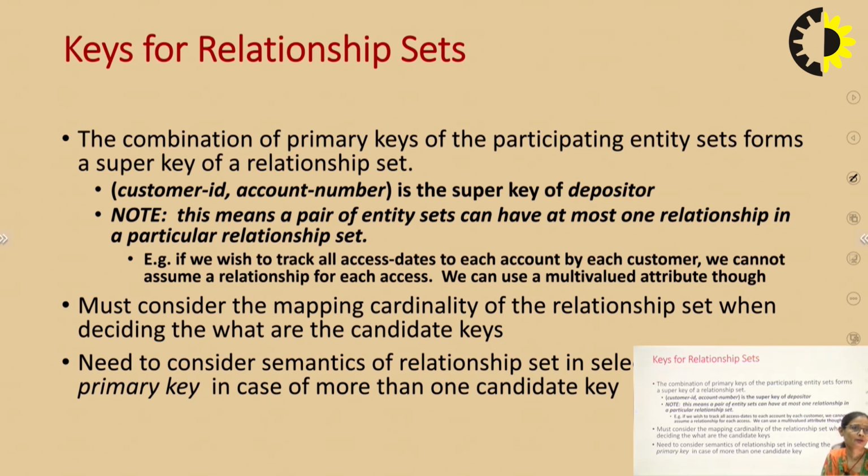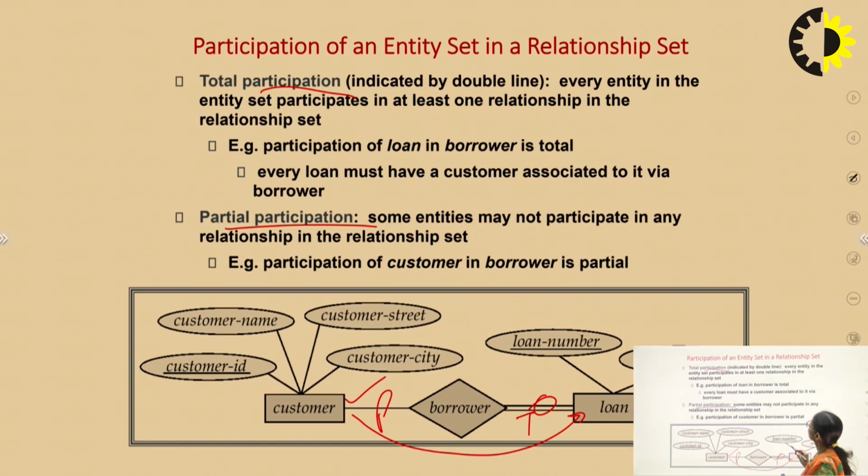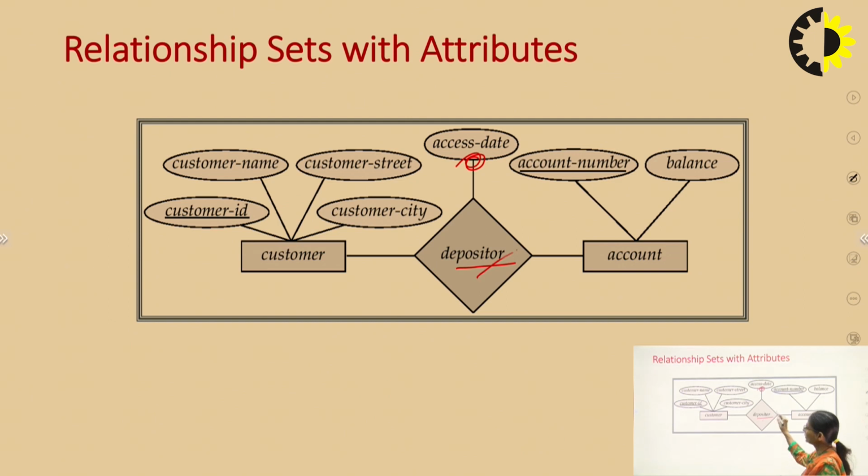The combination of primary keys of the participating entity sets forms a super key of a relationship set. For example, if we talk about the depositor, it is related to this particular entity and this particular entity.